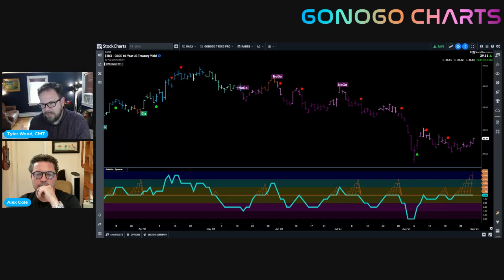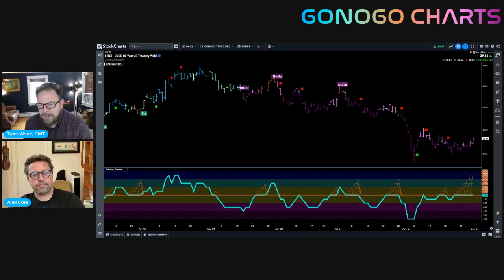The break of the squeeze is directional dependent. So if we break down from here, we'd expect to see rates continue to fall. Breaking positive out of that GoNoGo max squeeze, certainly reason for caution and potentially a higher move in US Treasury rates.